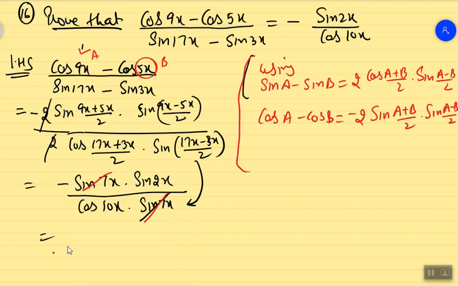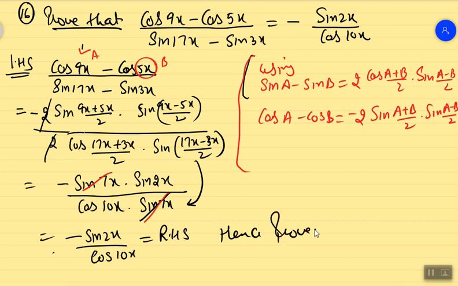So the answer is minus sin 2x over cos 10x, which is equal to the right hand side, and proved. We have proved this question.